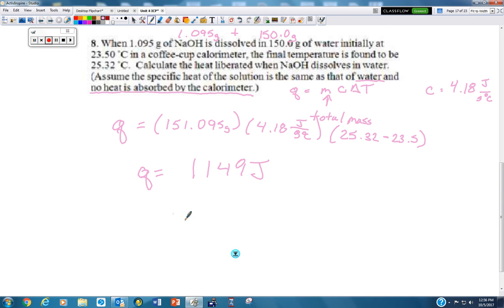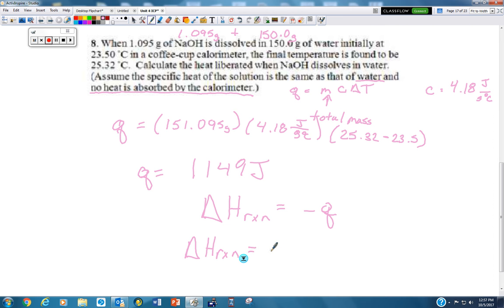Now, at this point, yesterday we made the statement that in calorimetry, the heat of reaction is equal to negative Q. So basically we change the sign of whatever we get. So what is our heat of reaction in this equation?